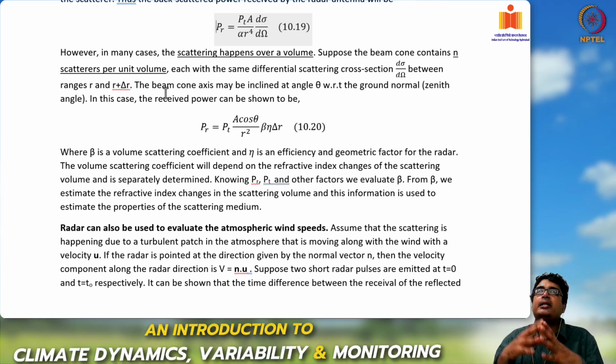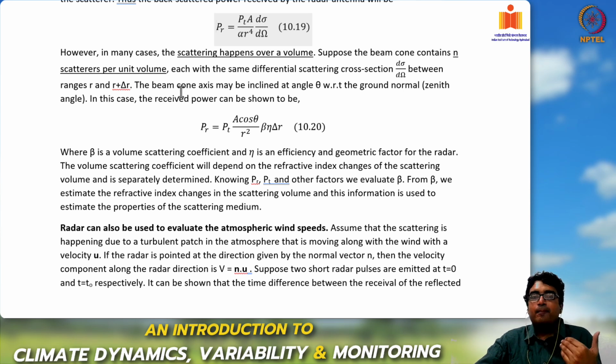It may contain a lot of particles, for example, and these particles are scattering, and this particle number density over a certain region of the atmosphere is n. Each of these particles, we assume, has the same scattering cross section d sigma d omega, and these are arranged in a volume between the distances r and r plus delta r along the cone axis.